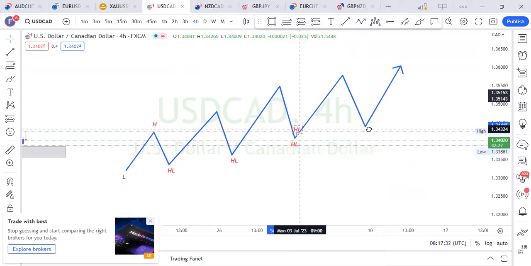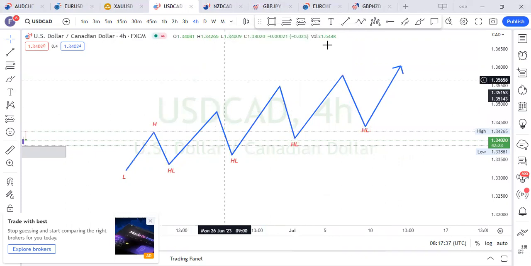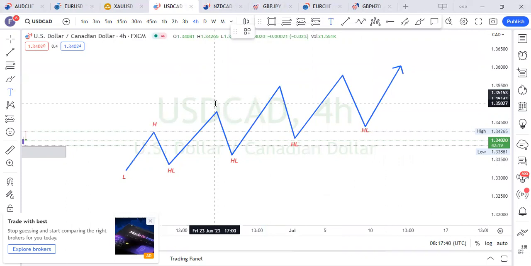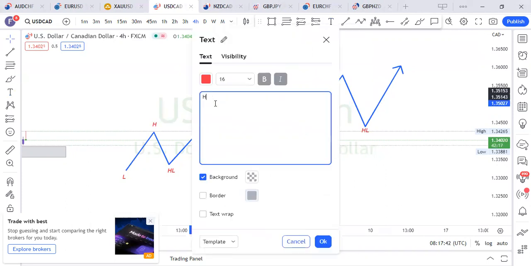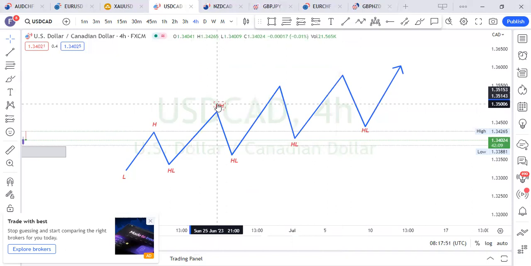So we have here as our higher low. And then here becomes what? Our higher high. Why is this our higher high? Any idea? Because the other one is a bit higher? Beautiful. That is just the definition.